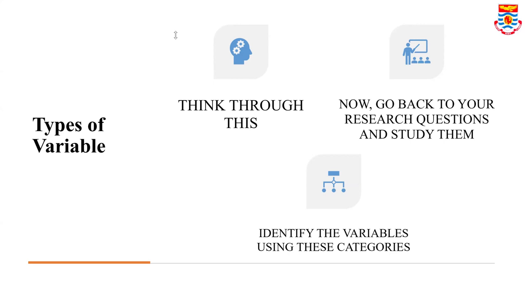So we looked at an article titled Job Satisfaction, Burnout and Associated Factors. Then the aim of the study: we deduced that burnout and job satisfaction levels are dependent variables.